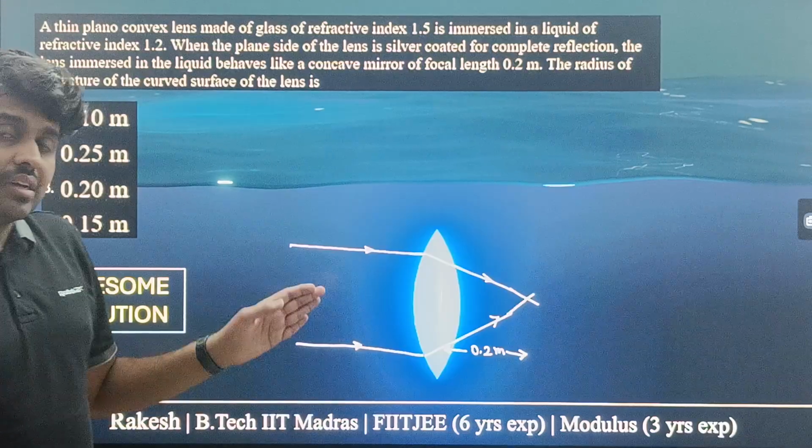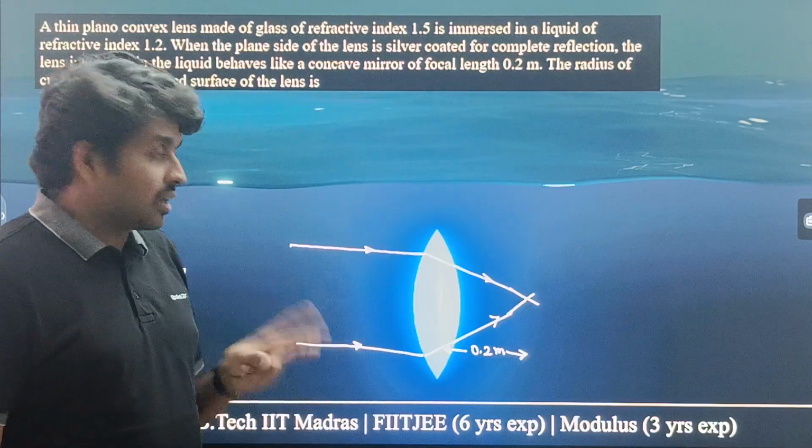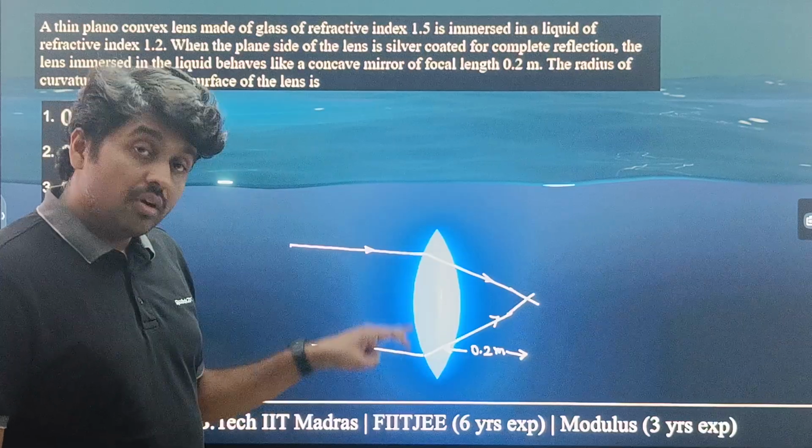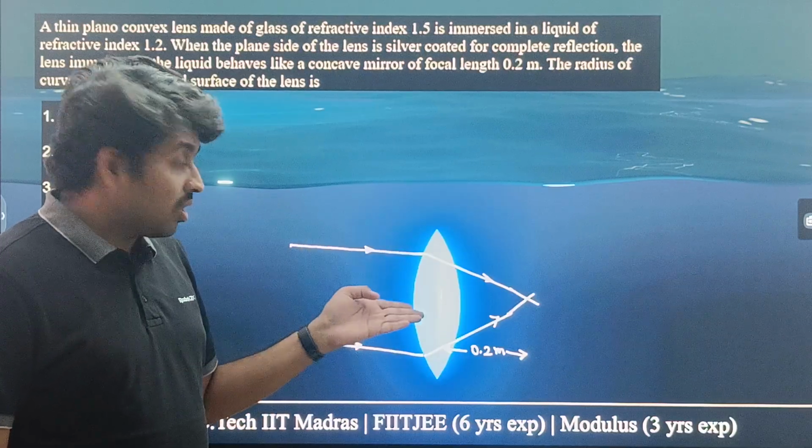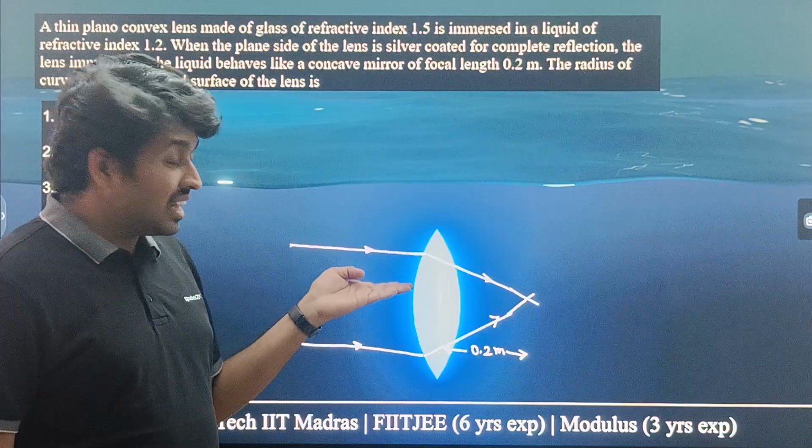Now we don't need to use the refraction formula twice. Rather, we can just use the formula of focal length of a convex lens, the lens formula.